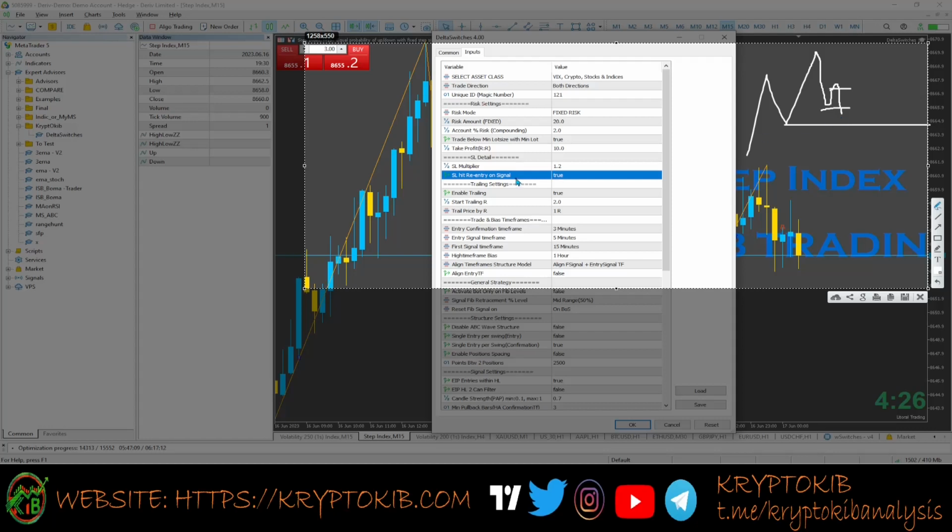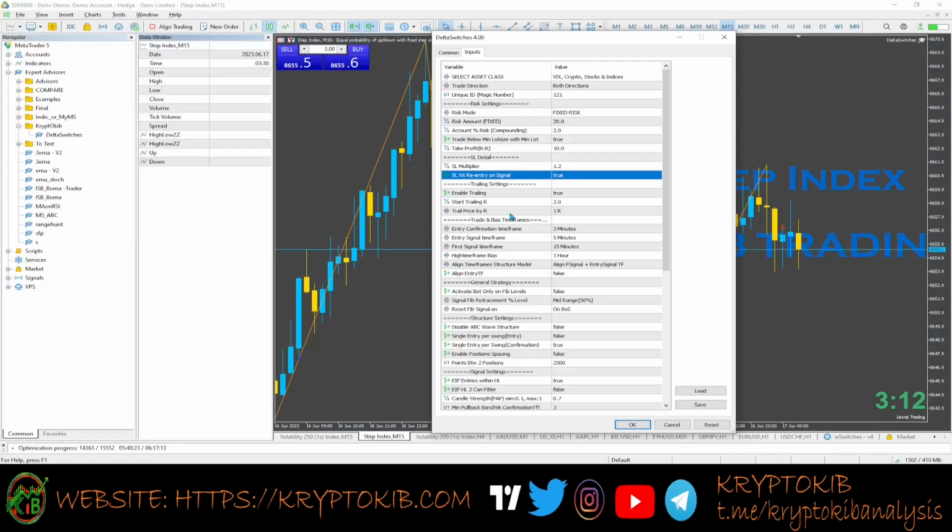So what happens in this case is, if your stop loss gets triggered and this is untrue, if there is a shift in momentum again to the upside, it is likely to take another trade. But if this is false, that means the moment your stop loss is hit, even if it does something like this, it's not going to take any trade. It's going to wait for another pullback and another signal to present itself.